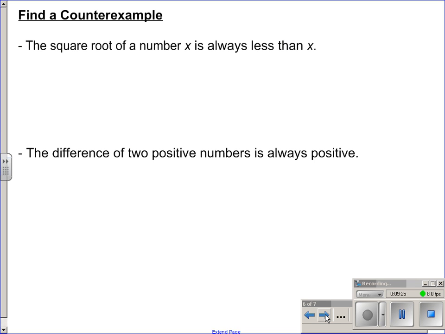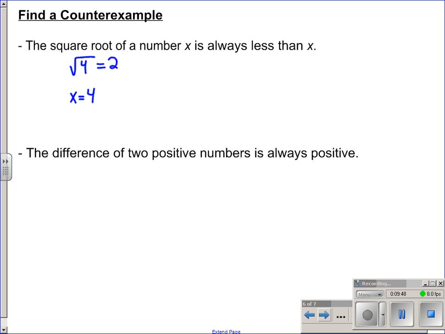The square root of a number x is always less than x. So, square root of 4, that is 2. Well, if x is 4, is 2 less than 4? Not so much, okay?